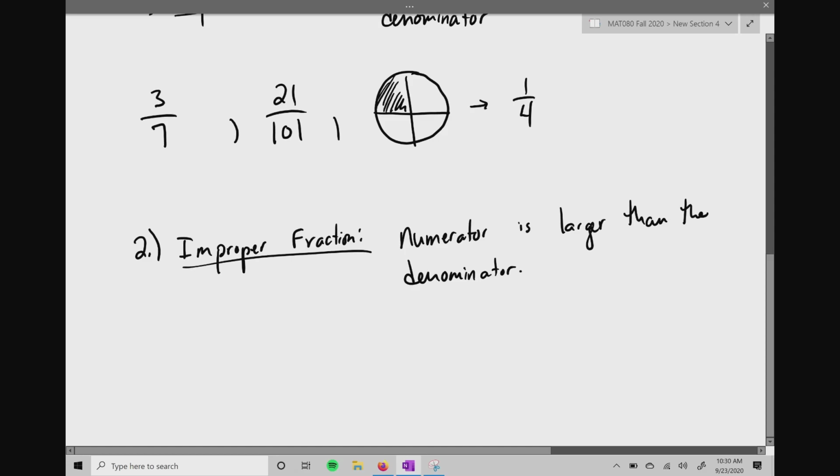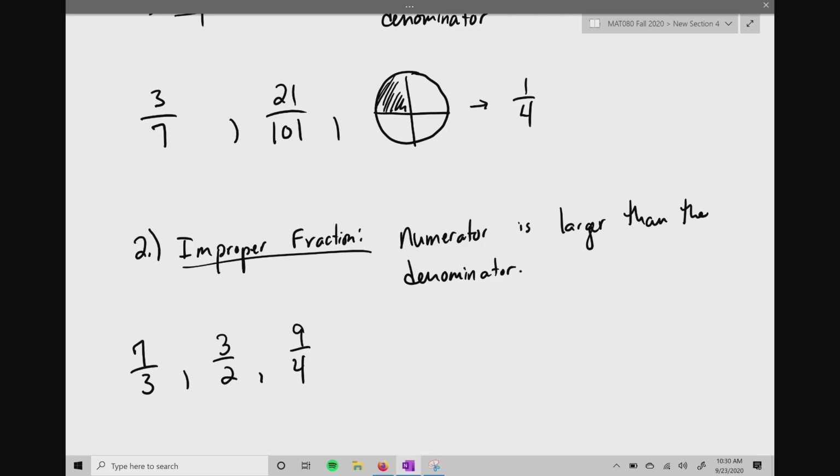Okay? All right, so numerically, it would be something like this. 7 over 3. Or how about 3 over 2? Even 9 over 4. And what I'm going to do is draw the picture for 9 over 4 for us. All right, okay?